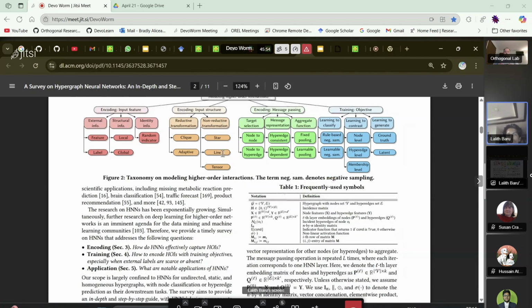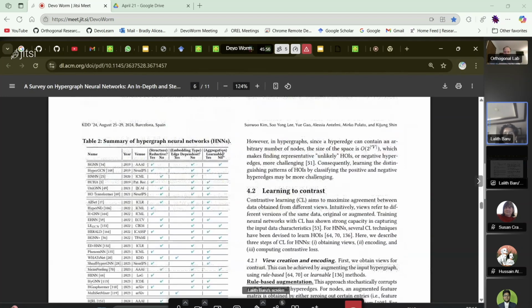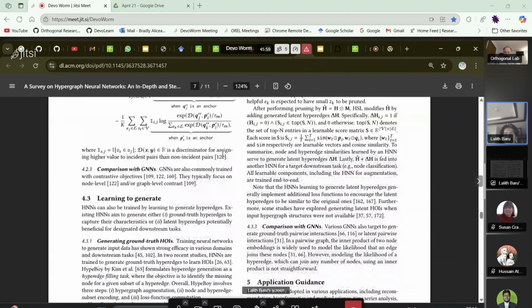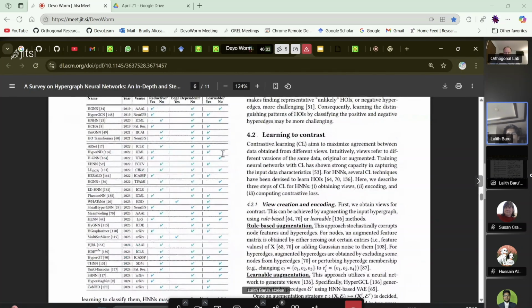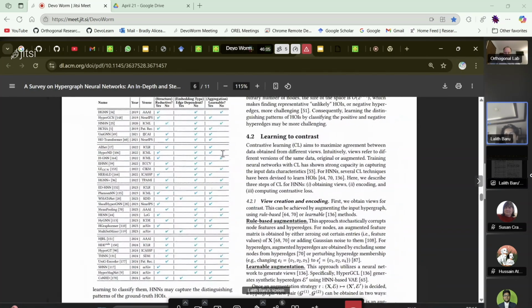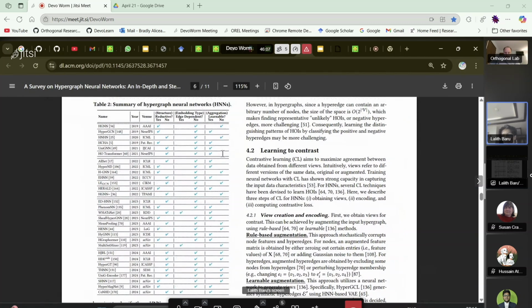So this is what is from the paper, and they have also given these sets of works which we are trying to understand. I said these when I mean we are using only non-reductive transformations. So reductive, no, then we can focus only on this work. And later when we say edge dependent, then mostly are edge dependent.